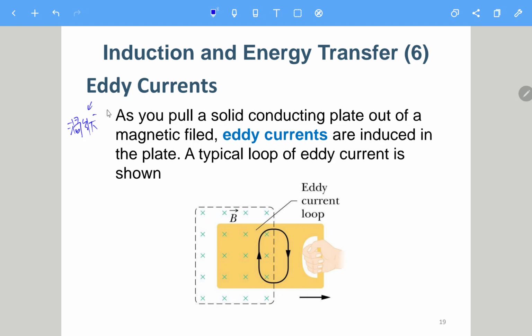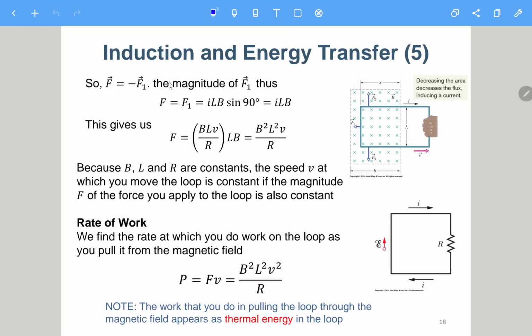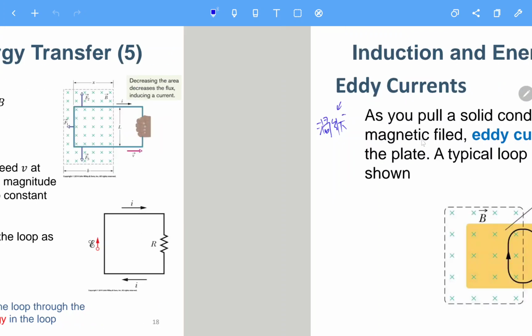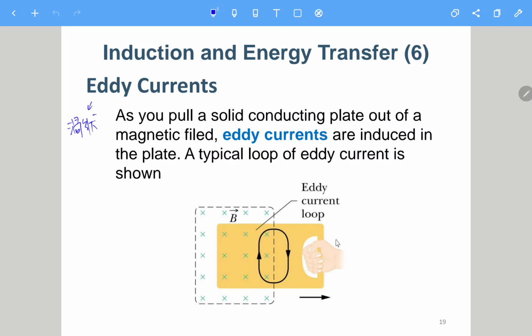Okay. So just now we had an explicit wire there. You can easily imagine that if we try to pull this thing out, there will be a current going through this loop. Here, the difference is that we have a broad conductor.